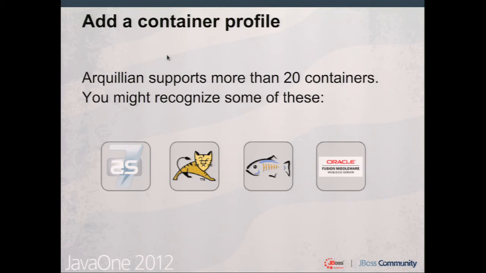Arquillian supports plenty of containers. You can consider even, for instance, Weld standalone as a container. You have support for most common application servers and web servers out there. So these are the four most popular, I guess, application servers out there at this moment.